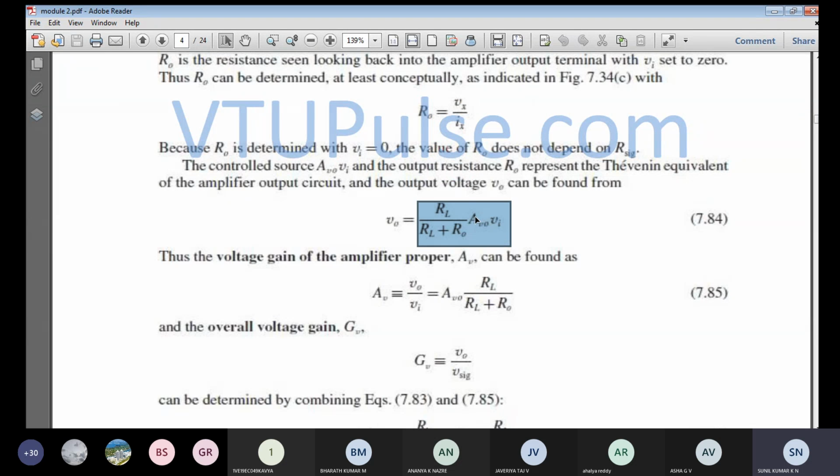This is the expression. AV naught into Vi is the output voltage of the amplifier, wherein we have not considered any load resistance. That output voltage is multiplied by RL, and the total resistance will be RL plus R0. That gives the final output voltage across the load resistance RL. So this is how the output voltage comes when you have a load resistance connected.